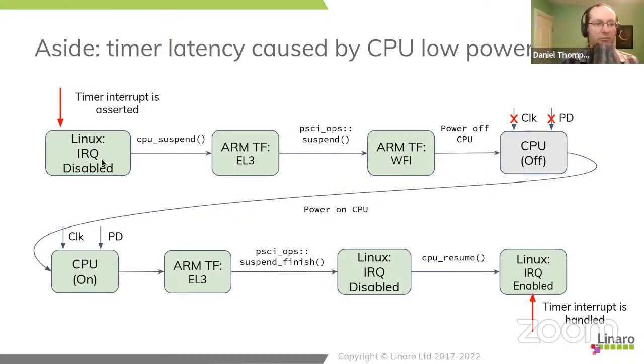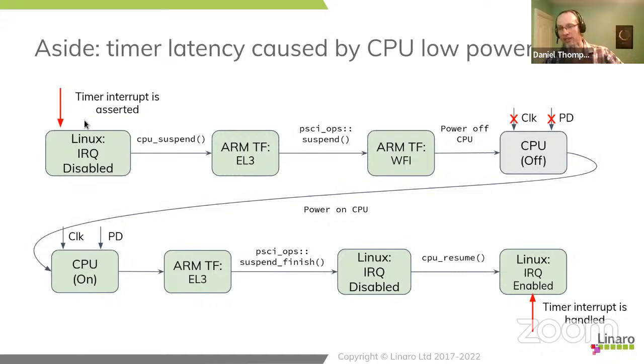So we start to mask interrupts, and if an interrupt for a timer or any other thing arrives just after we've masked interrupts, then we're going to walk through the entire suspend path and then we're going to walk through the entire wake-up path as well. So this is important to understand.